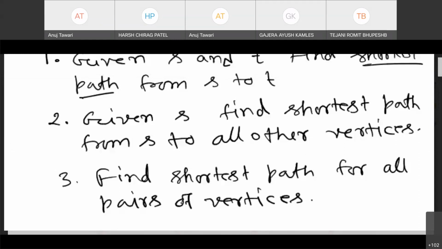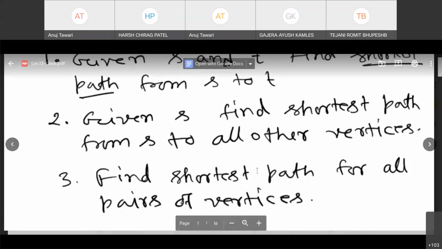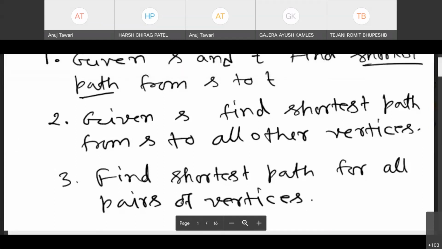Google keeps on receiving all these queries and they don't know beforehand which query is going to come. So ideally, they store beforehand all the shortest paths for all pairs of vertices, so that whichever query comes, they can just process it and return the shortest path.